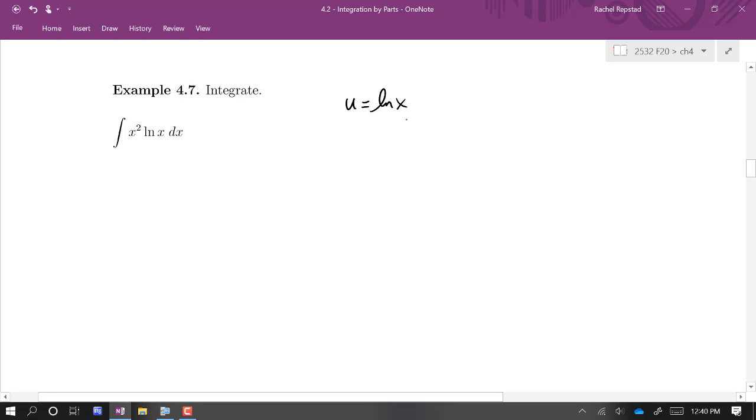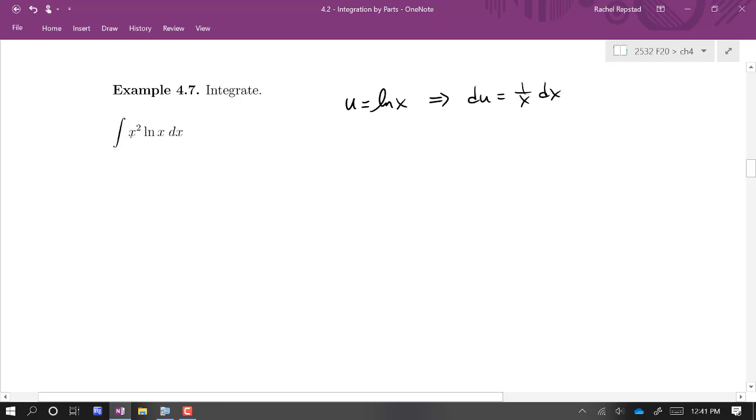And the reason that I'm letting u equal ln x is because I can't let dv equal ln x dx, because we don't know the integral of ln x. That's just not an integral we know. So remember that dv has to be something we can integrate. So I'm going to let u equal ln x, which means that du is 1 over x dx.